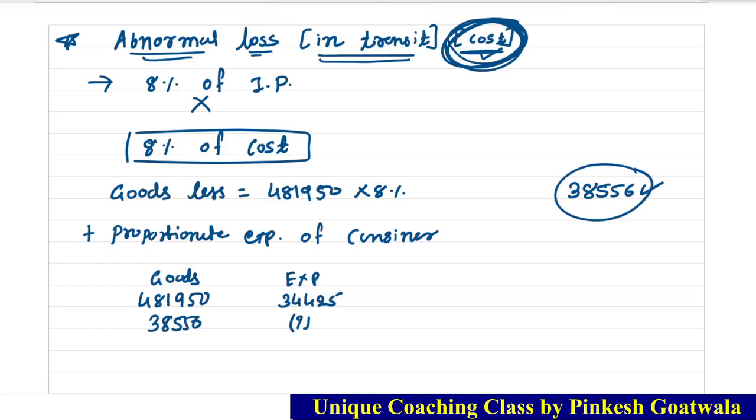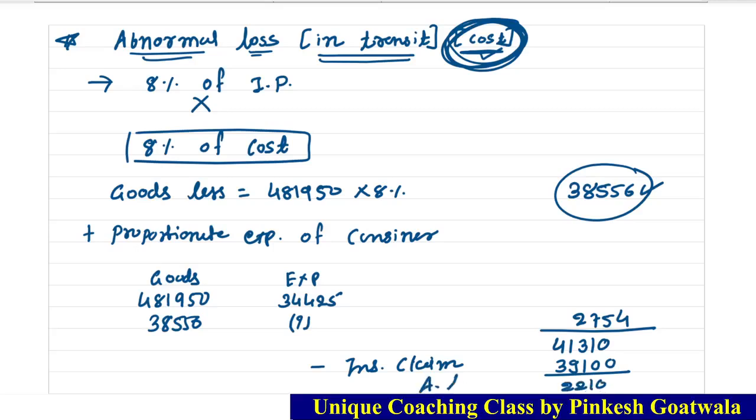On 481,950 it will be 2,754. So 38,556 plus 2,754 is 41,310, less the insurance company claim of 39,100. So the final amount is 2,210.